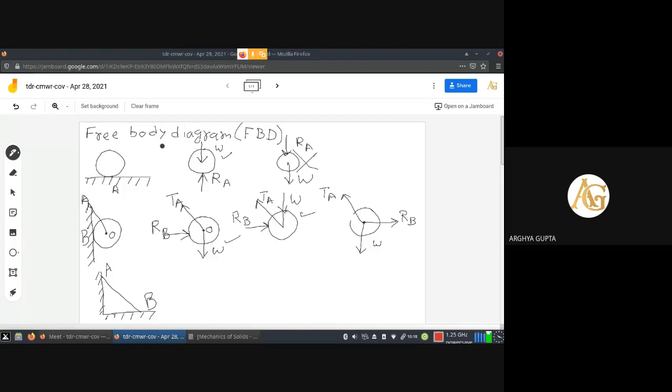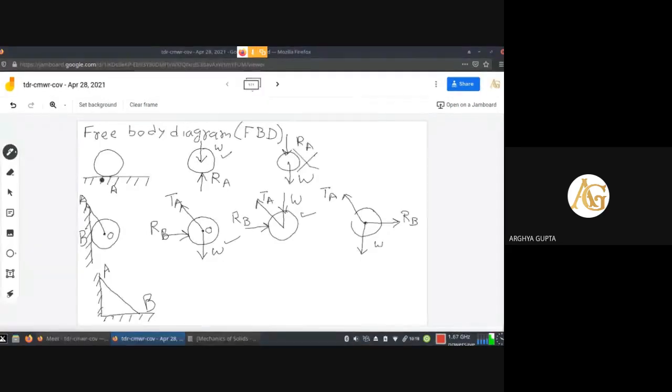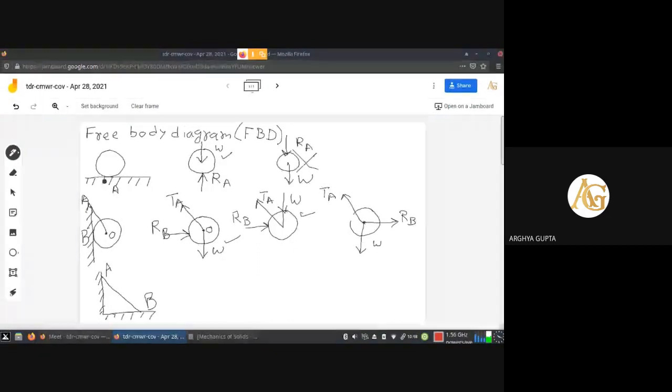Okay. Ladder AB. Now please remember one thing, that all the free body diagrams here will have to be drawn taking the point of contact as smooth. The point of contact as smooth means there will be no frictional force acting. So we always omit the frictional force. When we study the chapter friction, we will consider the frictional force.